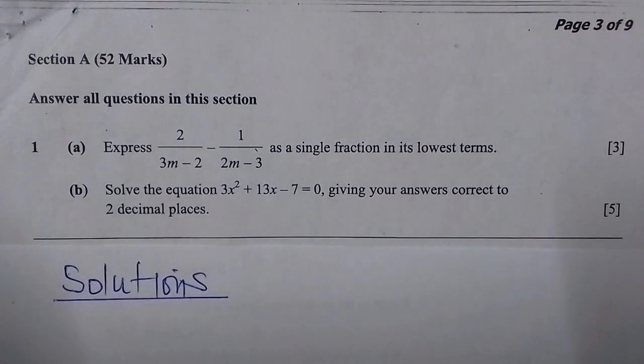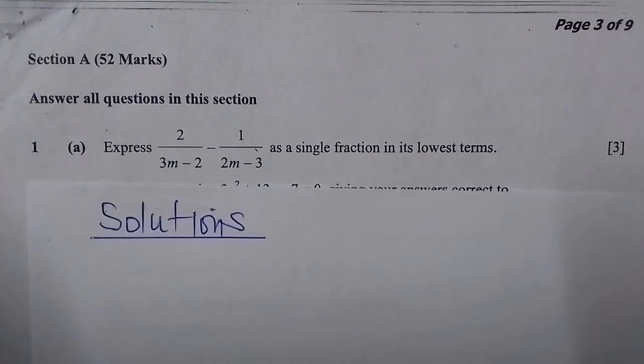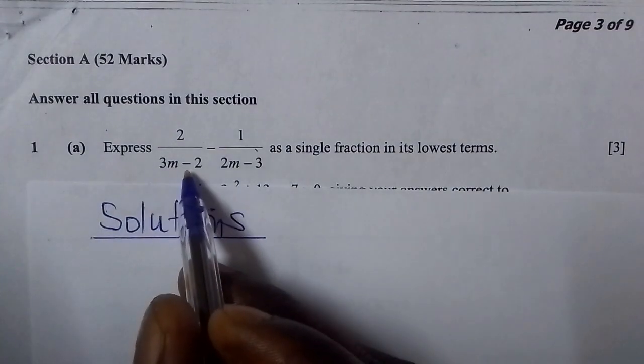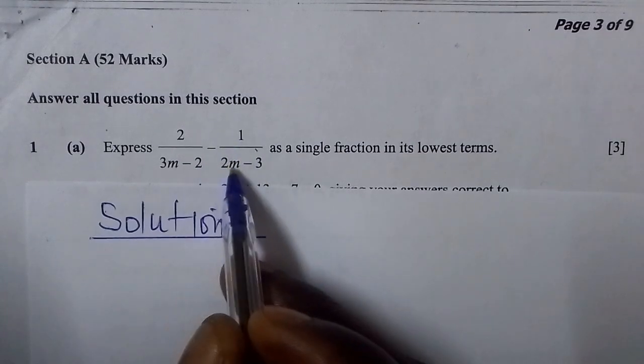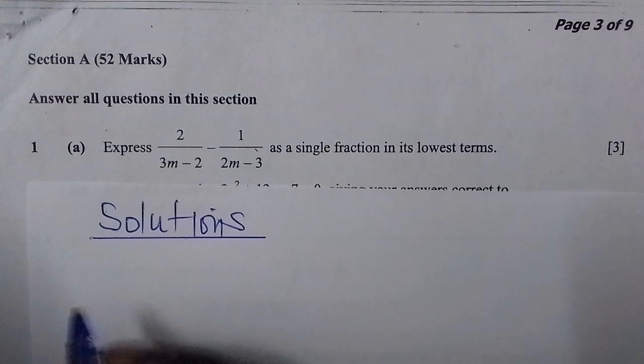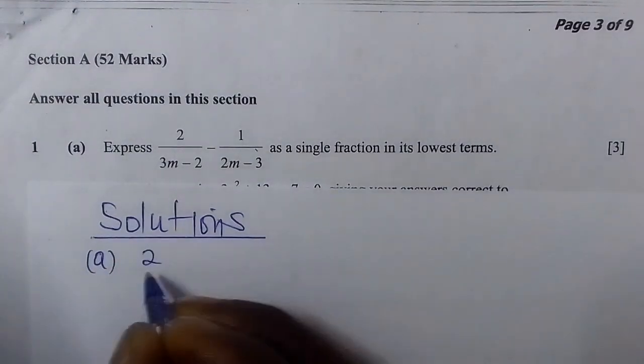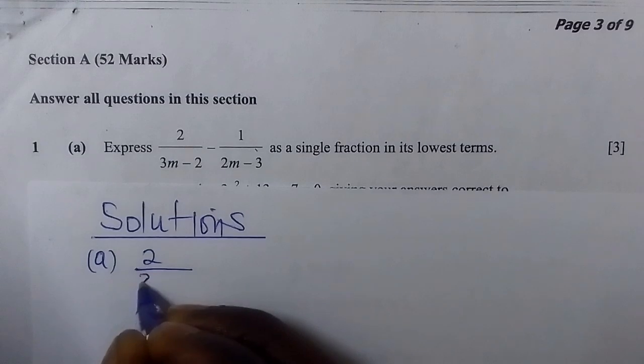So starting with the first part, A, express 2 over 3m minus 2 minus 1 over 2m minus 3 as a single fraction in its lowest terms. So we are going first of all to write the question given.